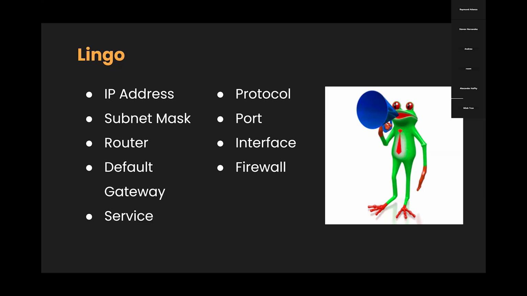And different ports have different functionalities, just like how your kitchen has a different function than your bedroom. We've got interface and firewalls as well. An interface is kind of like the door to your house, so it helps make that connection. And a firewall is like a lock, so it will block or allow connections.